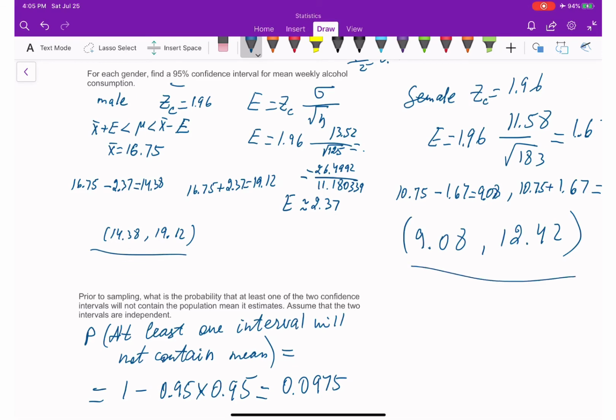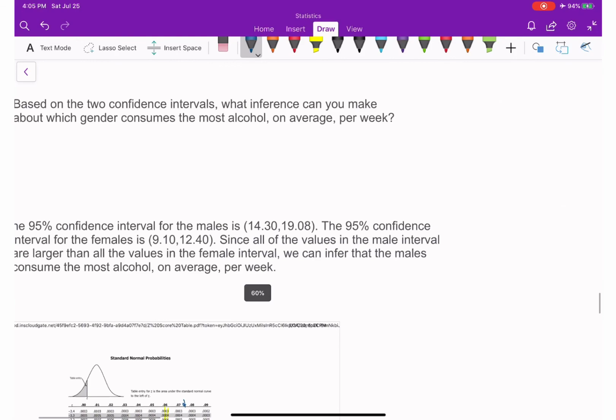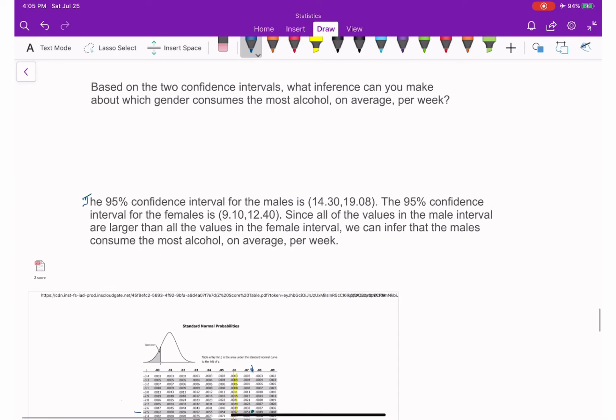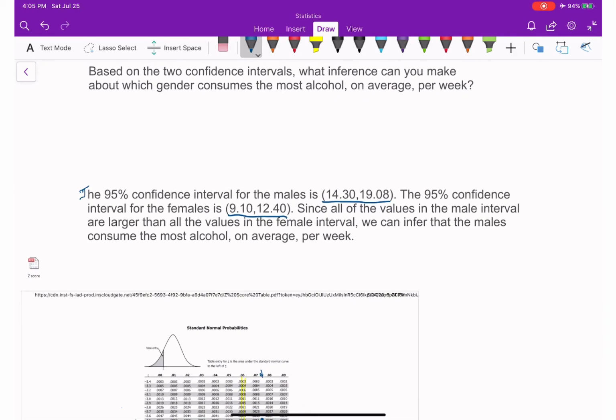For female, 9.08 to 12.42. So since all of the values in the male interval are larger than the values in the female interval, with a higher lower end and higher upper end, right? Then we can say that males consume more alcohol on average per week. Definitely more than women. Okay?